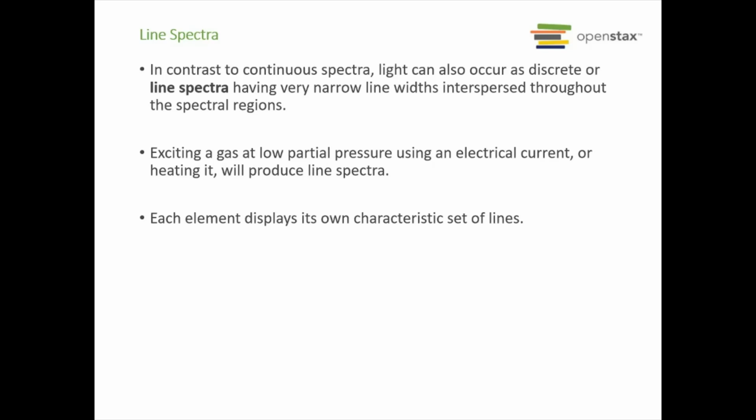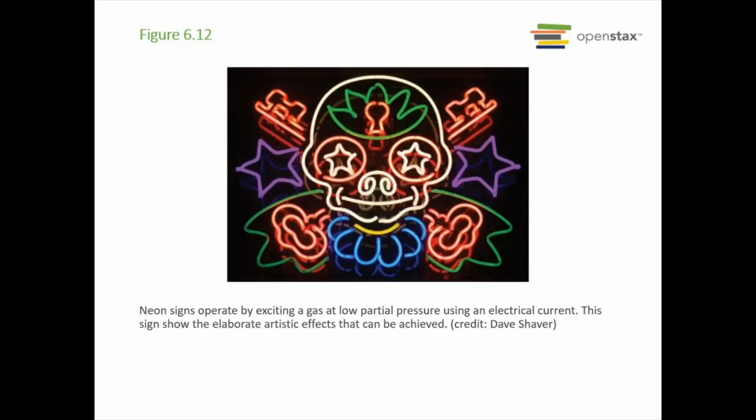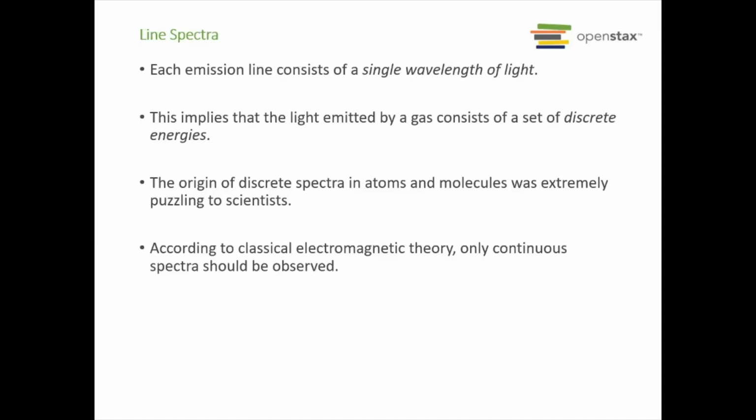And every element has its own characteristic set of lines. So you might be able to actually identify some unknown compound just by looking at its line spectra. There's a neon sign. We'll look at a picture of line spectra soon.